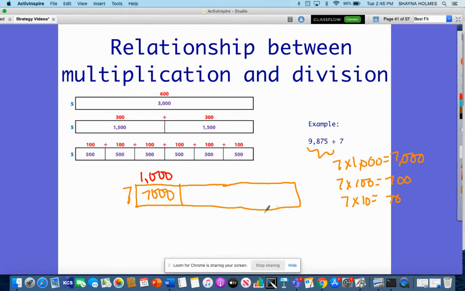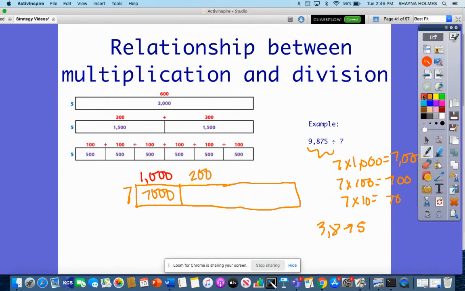Let's see, what is 9,875 minus 7,000? That's 2,875, so I need to add this much more to get to 9,875. Maybe if I did 2 sets of 700, 2 times 7 is 14, so what would that be, 1,400?